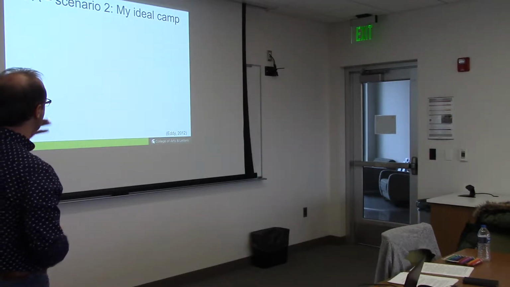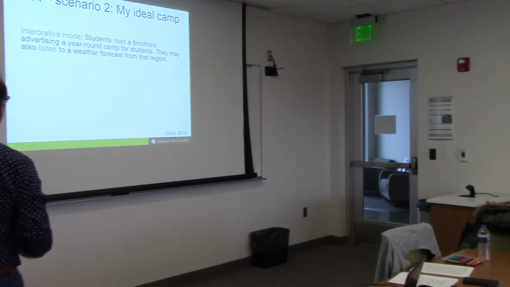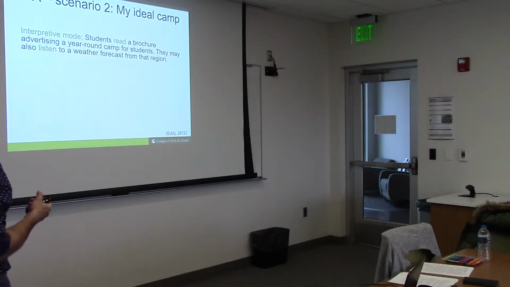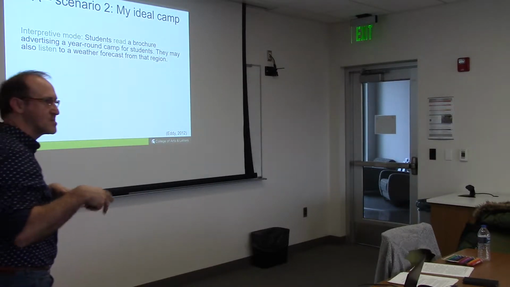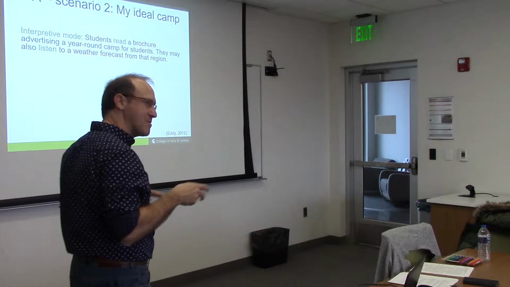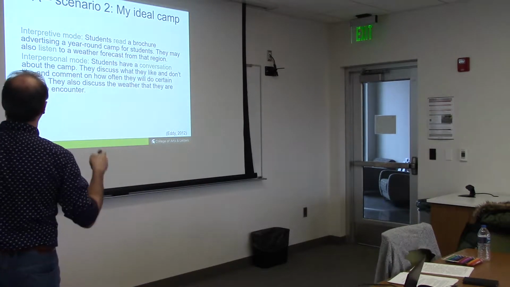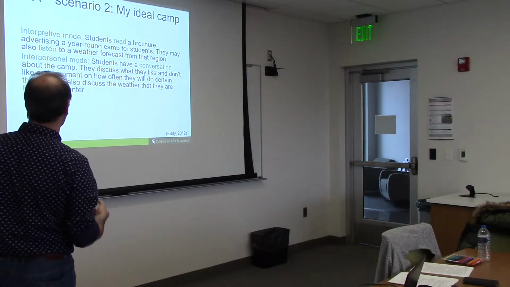Another one is creating an ideal camp. So students read a brochure advertising a year-round camp for students. They might also listen to the weather forecast from that particular region, to decide which camp might be interesting to go to in the summer, if you like a lot of rain or not. Then they have a conversation about the camp, what they like, what they don't like.